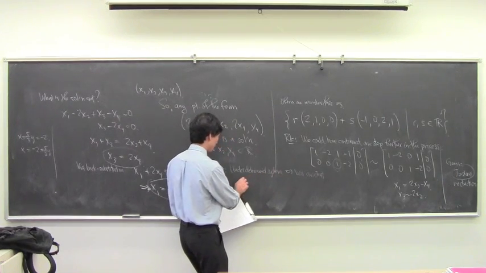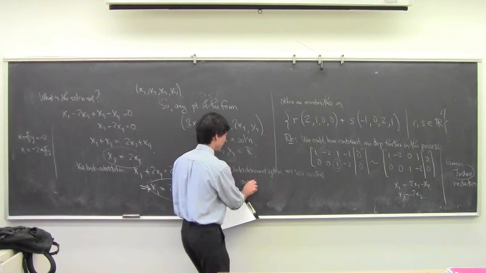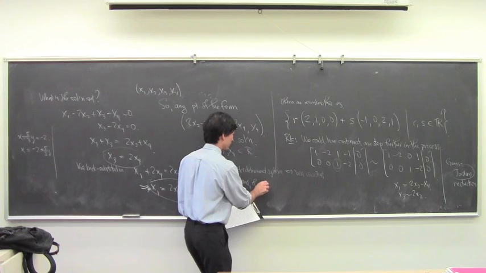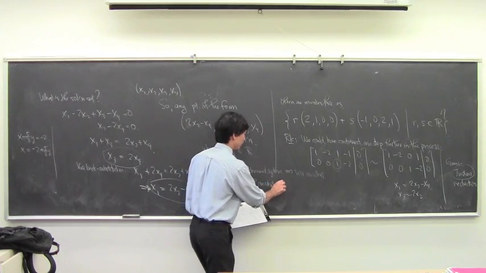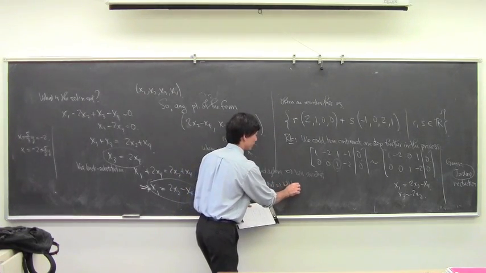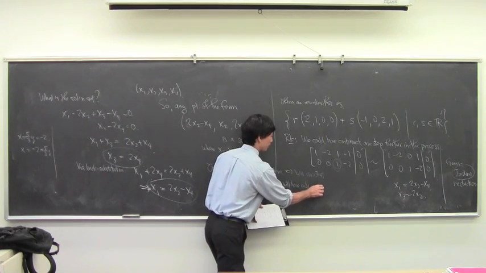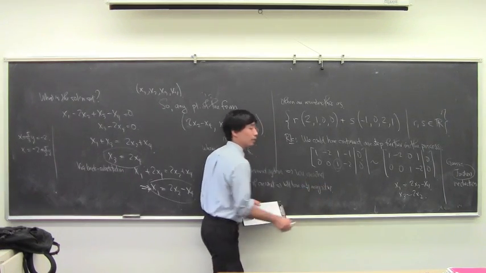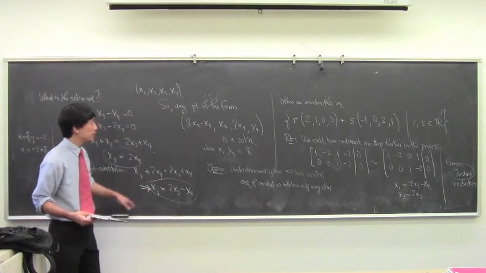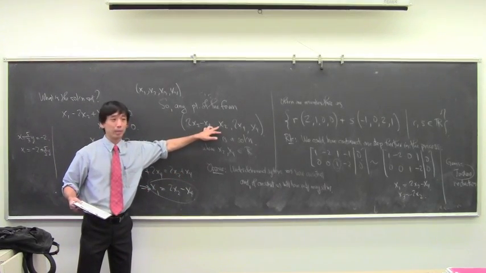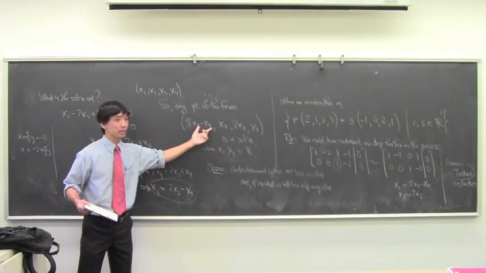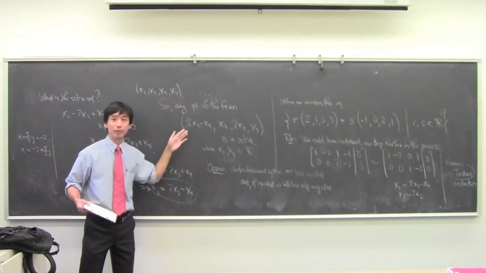And if consistent, then we'll have infinitely many solutions. Because if it's consistent, you're going to end up with something like this, where you've got a solution set with some free parameter.